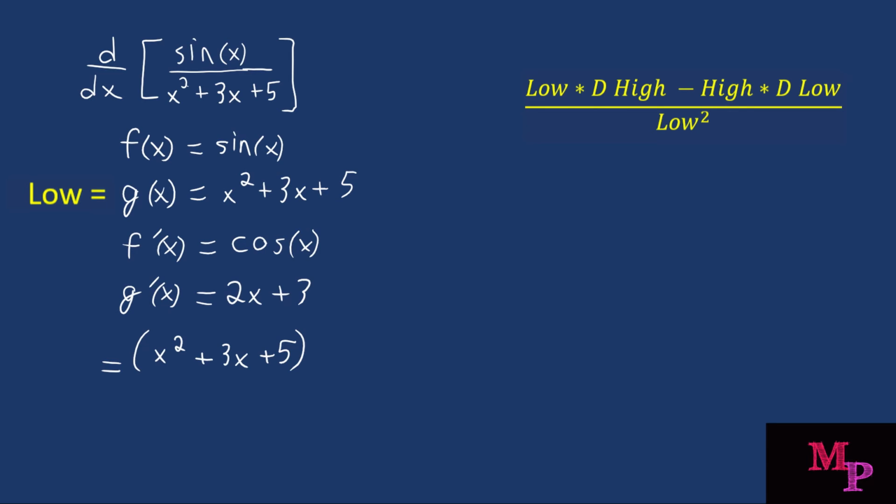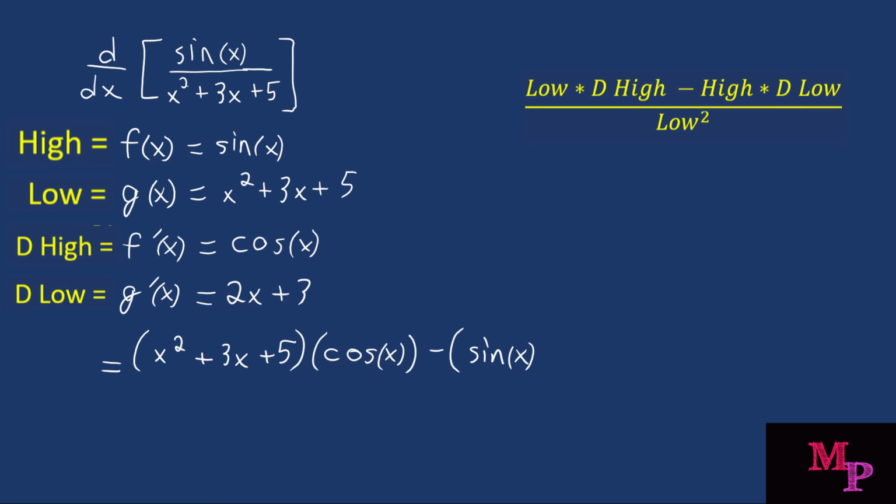All right, so low d high is derivative of f of x, and that's going to be cosine of x, minus high d low, and high is just f of x, which is sine of x in our example, and d low is derivative of low, which is just 2x plus 3 over the square of what's below.